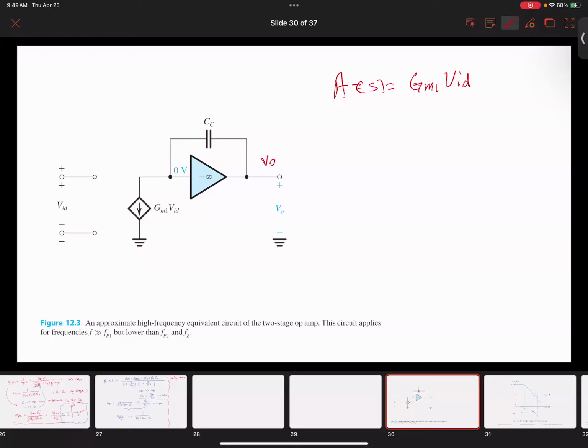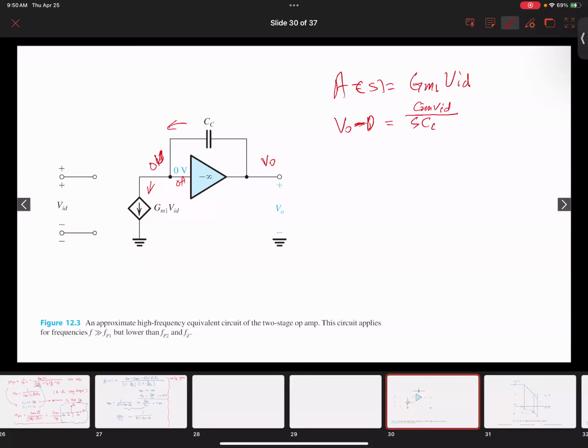So this is VO, this is 0 volts. And this, again, I'll let you know how we derive the circuit over here. Because there's zero current going in, all the current here will go to VC. So basically you have VO minus 0 equal to the voltage drop on SCC, which is GM1 times VID divided by SCC.